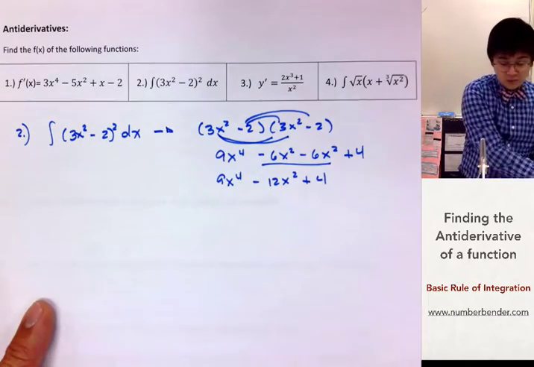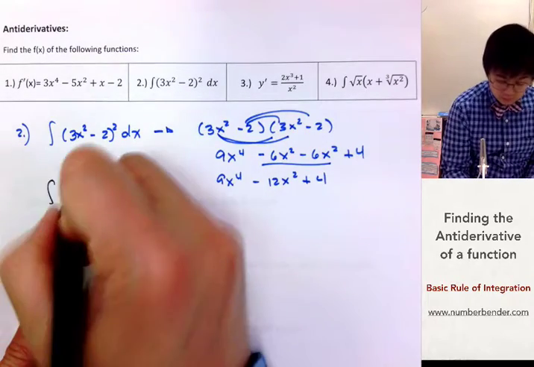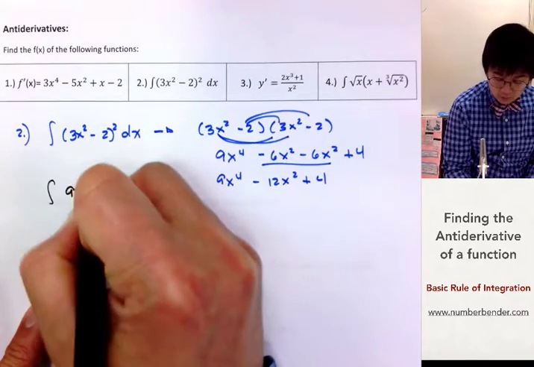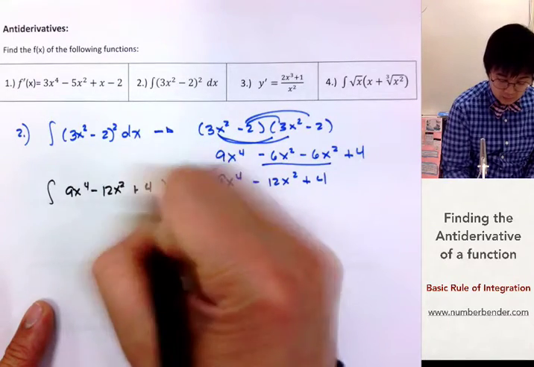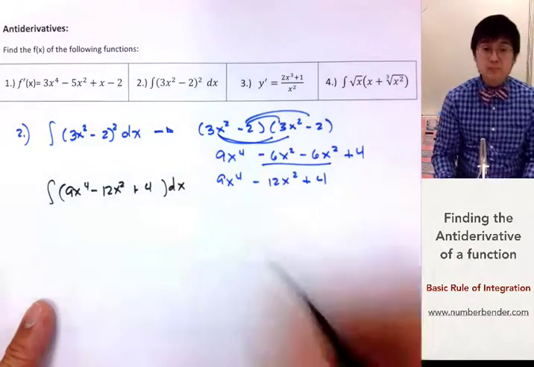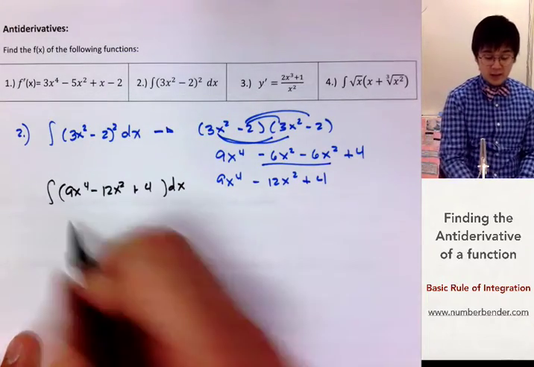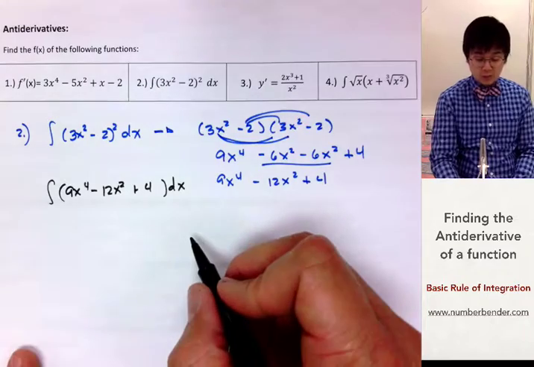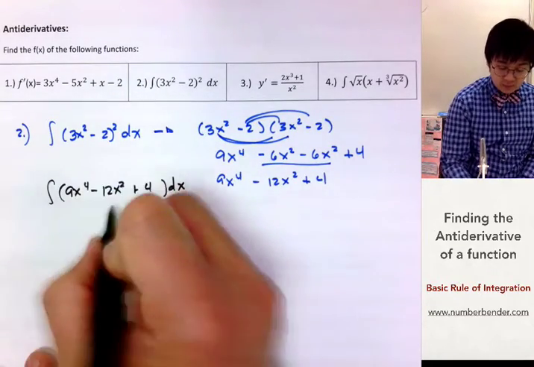The modified function that we're going to take the antiderivative of is the integral of 9x to the 4th minus 12x squared plus 4 dx. Just like in number 1, since we now have a polynomial, we can simply use the rule and take the antiderivative of each term.